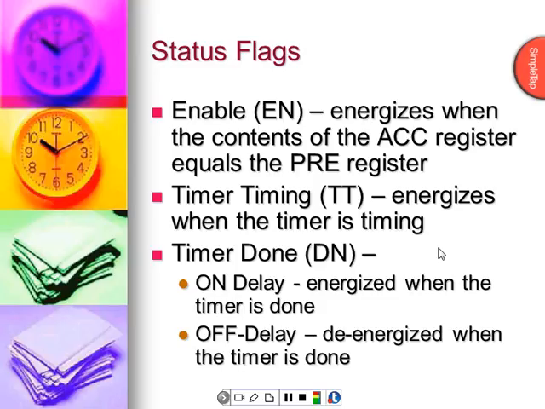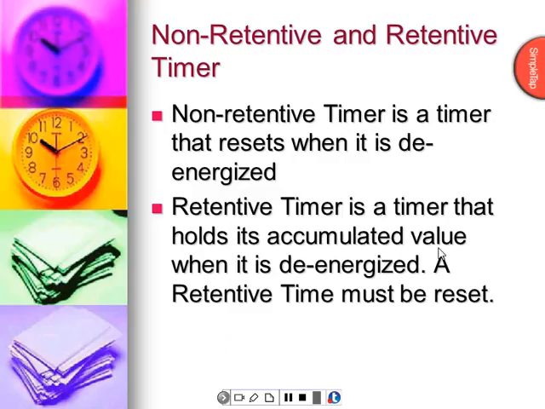Alright, so on delay, we energize when the timer is done. On off delay, we de-energize when the timer's done. We have two kinds of timers. They are non-retentive and retentive.